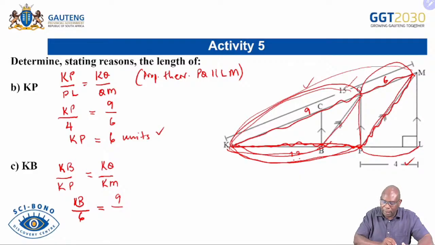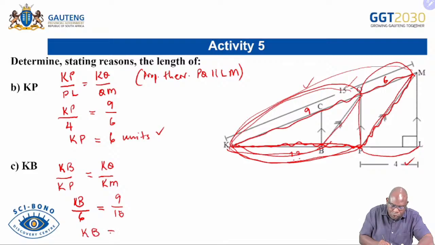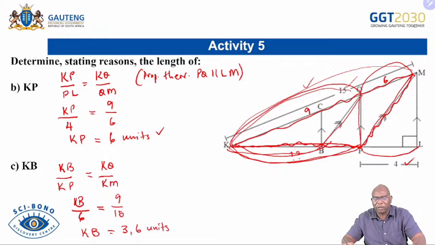What is my KM? I have it as 15. Now how am I going to get the value of KB? So KB will be equal to 9 times 6, which is 54, and 54 divided by 15 gives me 3.6 units.